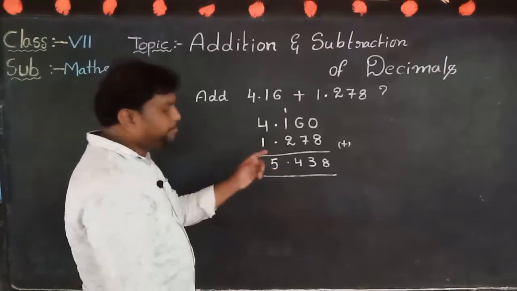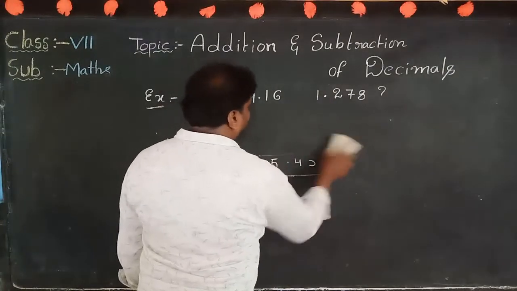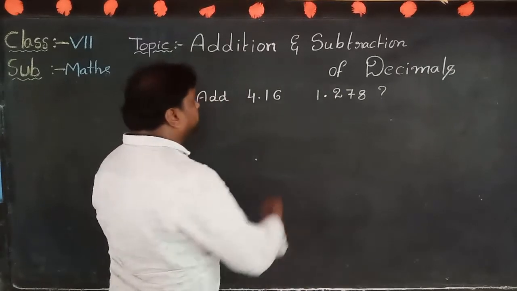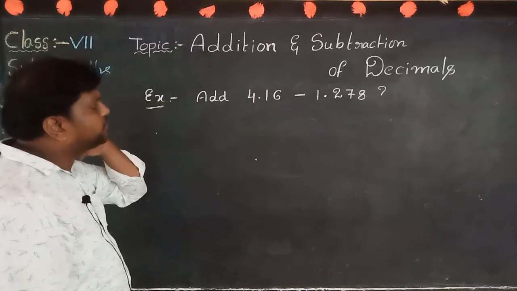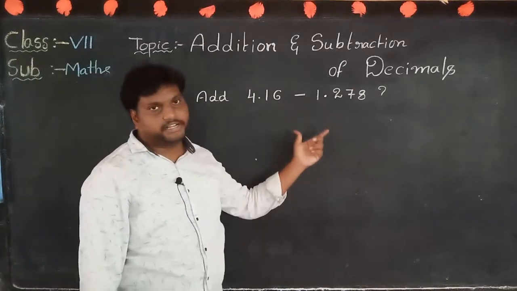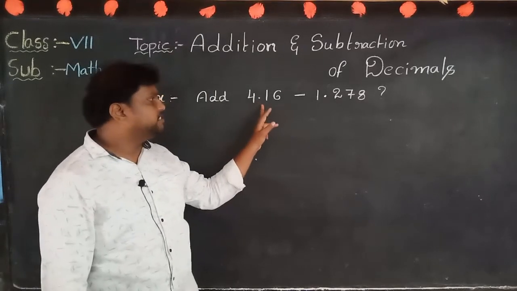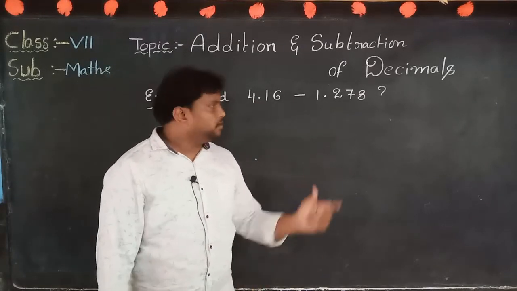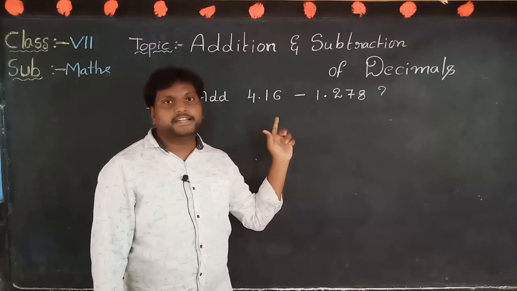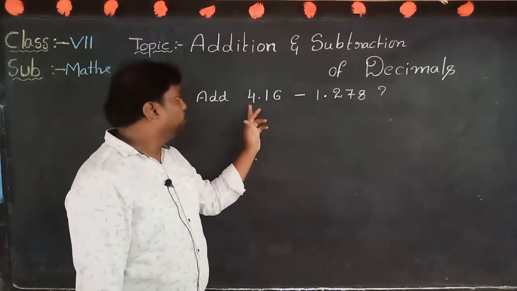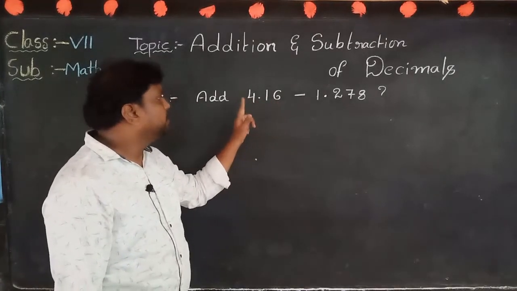Now for the same problem, 4.16 and 1.278, we apply the subtraction operation. First of all, check which of these two is greater. Some members think that since one has 3 digits and the other 4 digits, the second is bigger. But first check the whole part.